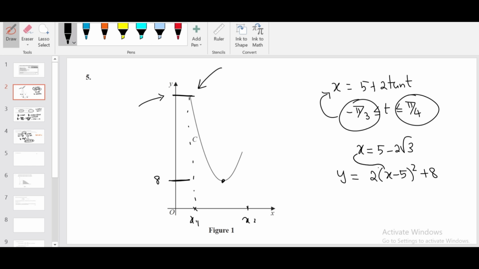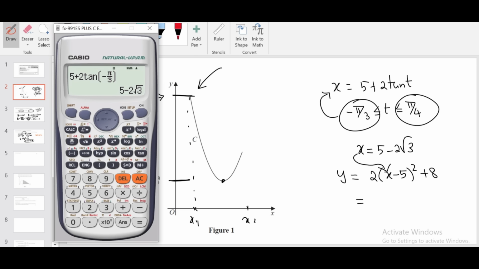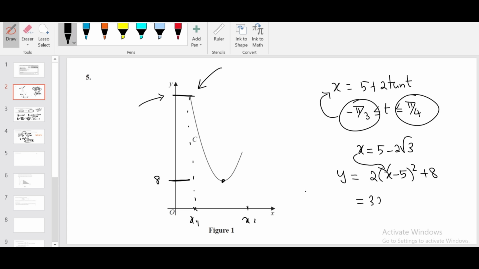Sub in the x coordinate here. When you subtract 5, it becomes minus 2 root 3, and square it, you get 12, times 2 plus 8. You get 32. So that's the y coordinate of this point. Therefore, the range is 8 less than or equal to f of x, or y, less than or equal to 32. That's the range of this function.